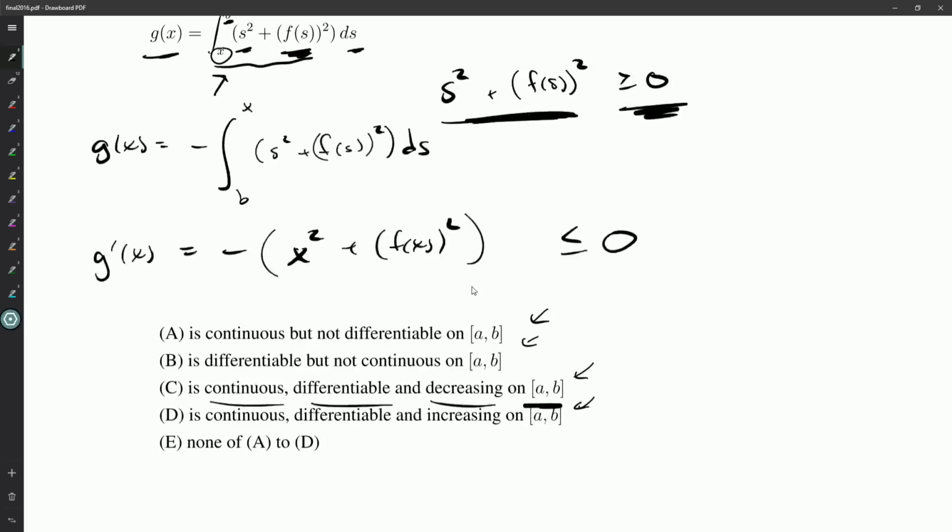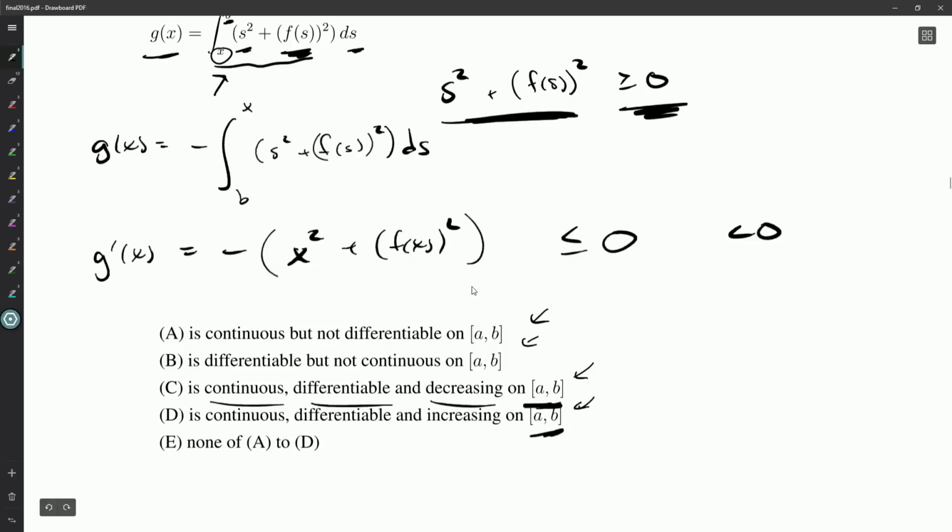Now here's where I get worried. Less than 0 is definitely decreasing, but less than or equal to 0, well, no, that's not the condition for decreasing. You have to be less than 0.